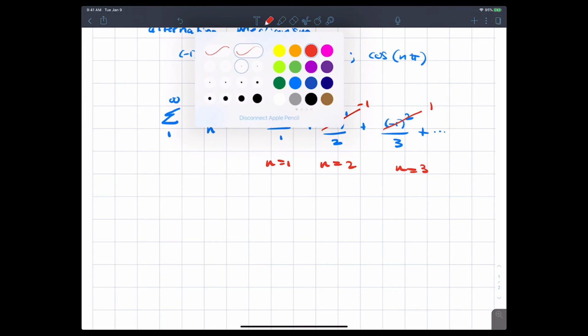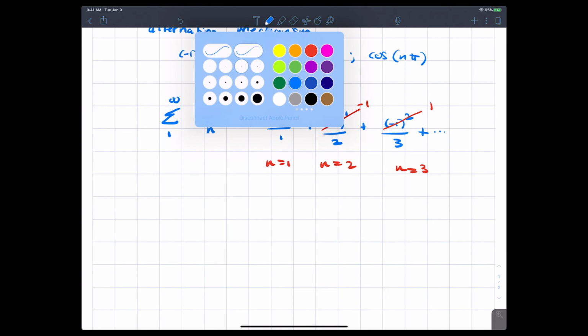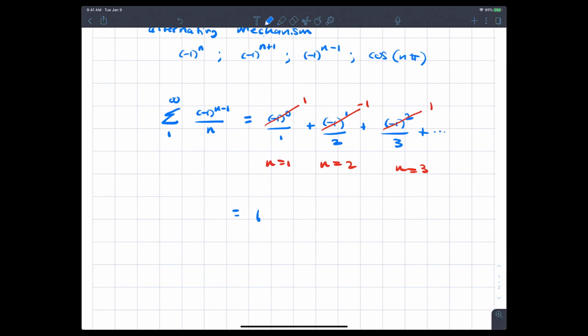So you're starting to see how this behaves. It behaves as 1 minus 1 over 2 plus 1 over 3 minus 1 over 4. As you can see, we alternate in sign, and there's a positive sign at the start. And so this is an alternating series.